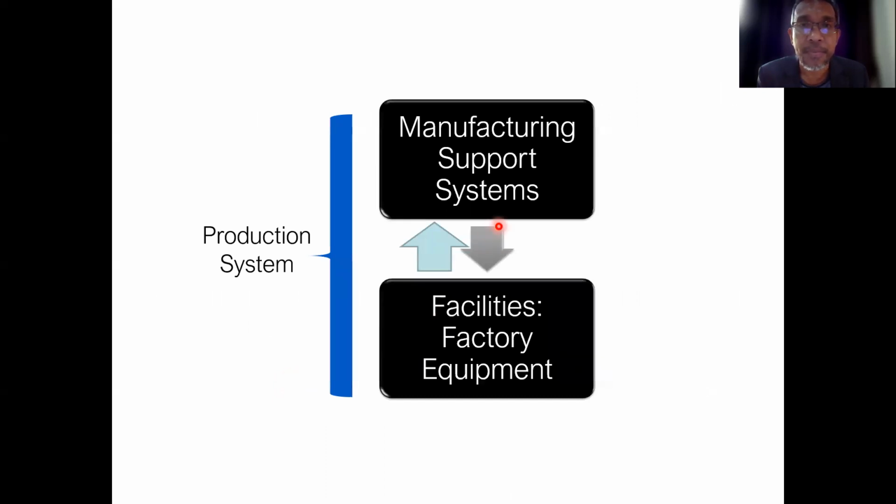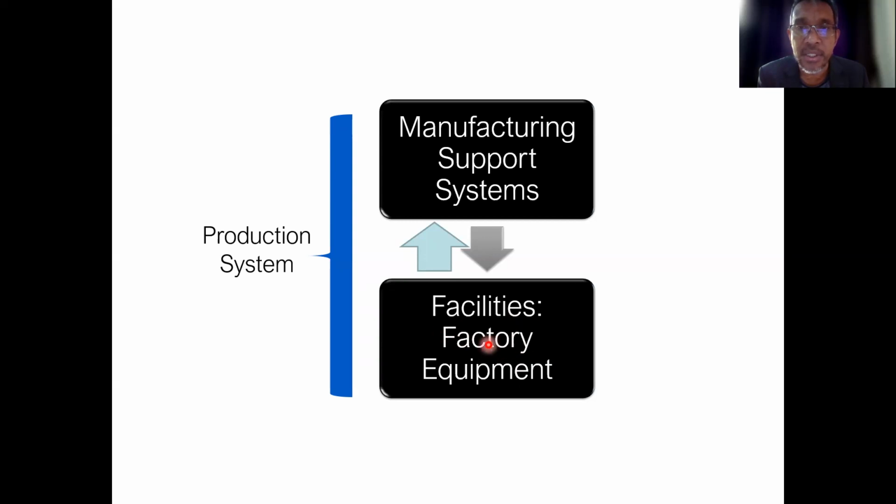So this is the summary for the production system. We have the manufacturing support system, which accumulates a set of procedures, SOP and MOP, to run the factory with the machines and equipment. This equipment and machinery still need help from people to operate.